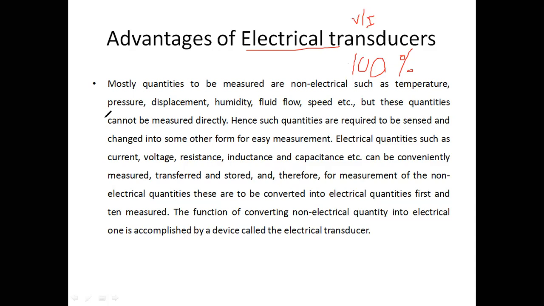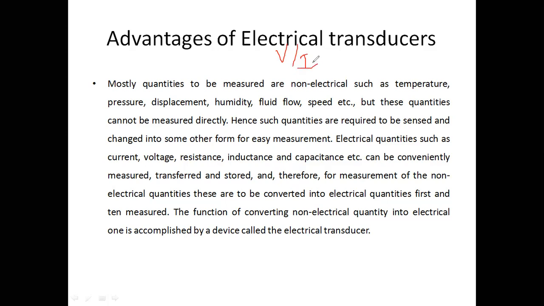In instrumentation, there is a range called the 4 to 20 milliamp range. 4 milliamps corresponds to 0% input, 8 milliamps corresponds to 25% input, 12 milliamps corresponds to 50% of the input, 16 milliamps corresponds to 75% of the input, and 20 milliamps corresponds to 100% of the input. So in instrumentation, we will convert every parameter into an electrical signal, which is voltage or current, mostly current.